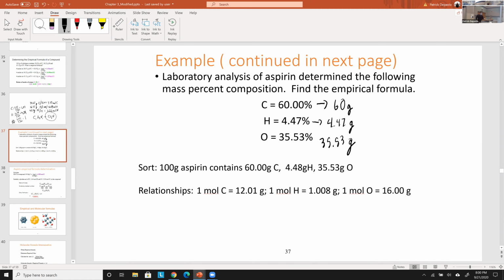So let's do that. We're going to divide the carbon grams by its molecular mass, which is 12.01, and you should get very close to 5 moles. Then we're going to divide 4.47 grams by 1.008, and what do you get? 4 point something, right? 4.47 divided by 1.008, 4.43.